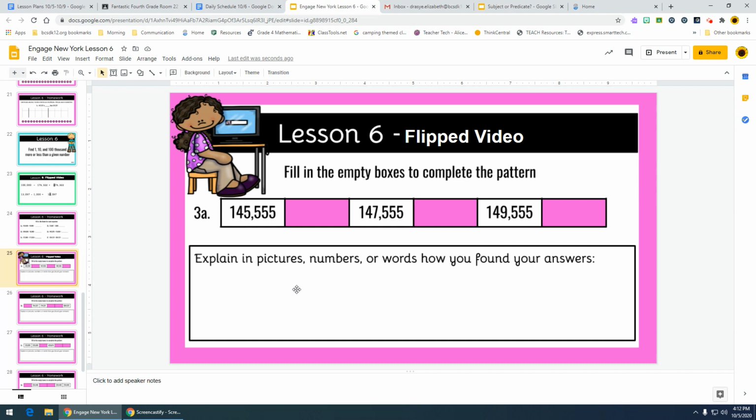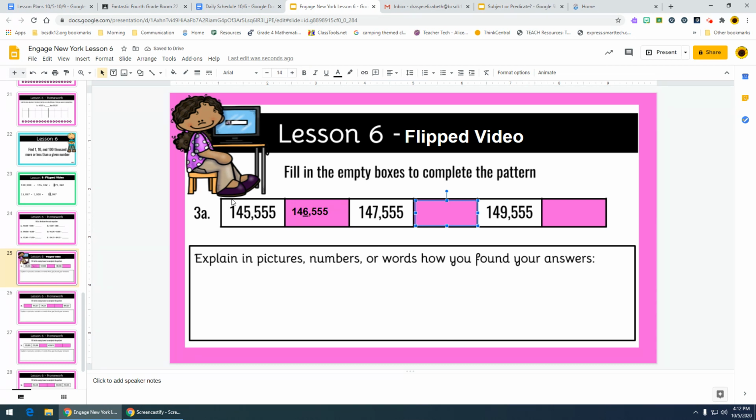So let's go with the problem and know that we're going to be adding 1,000 to each one. So I go to the second box. If this is 145,555, the next box would be 146,555. And I'm changing that thousands place. Make this nice and big for you to see.